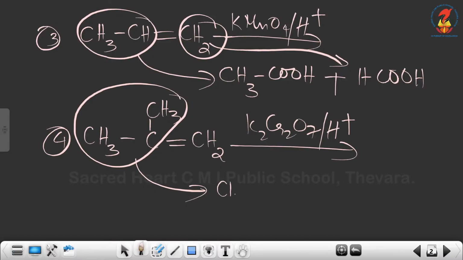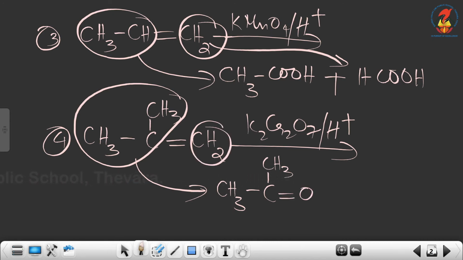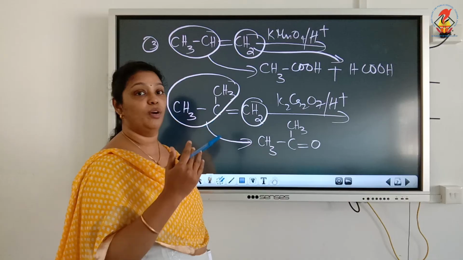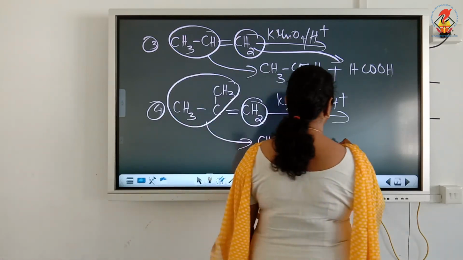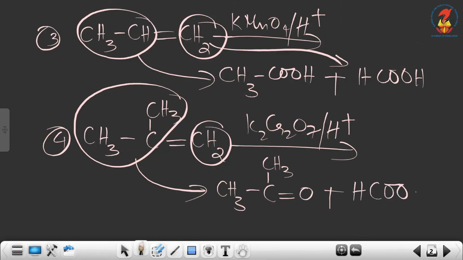Now what is that product? Ketone CH3CCH3, no change here. Here we will have a double bond O. Now this side CH2, the double bonded carbon carries hydrogen, so carboxylic acid is the product and only 1 carbon, so the 1 carbon carboxylic acid is HCOOH, formic acid.